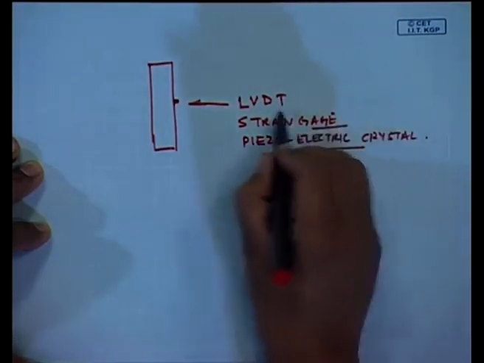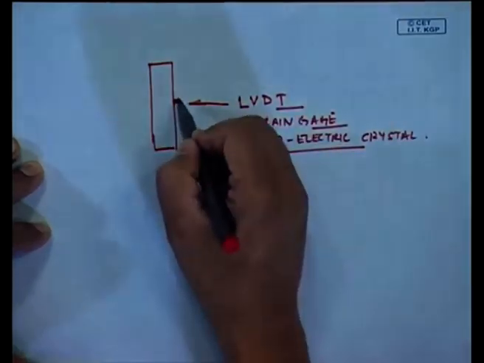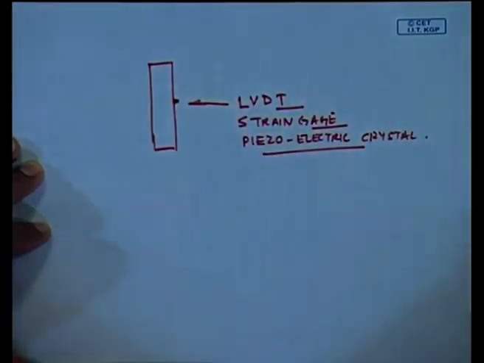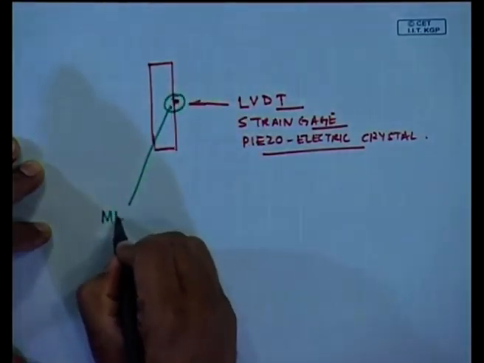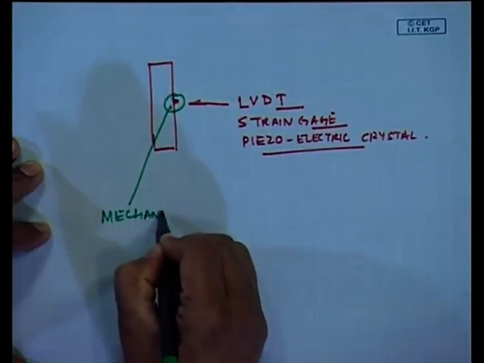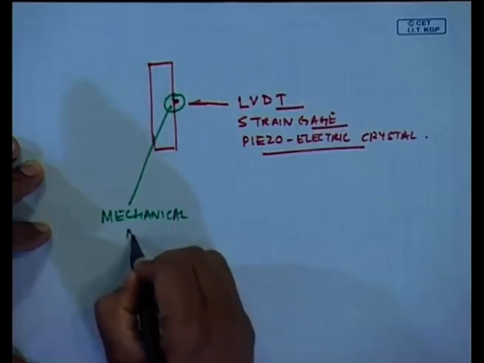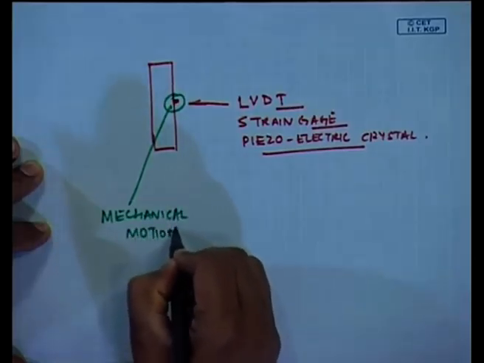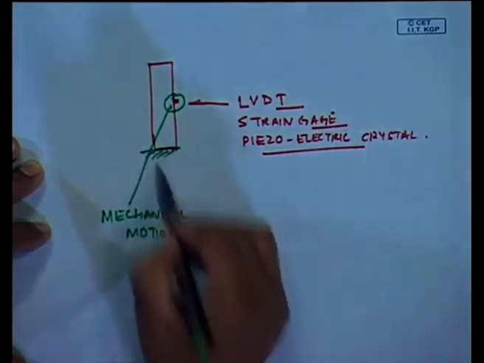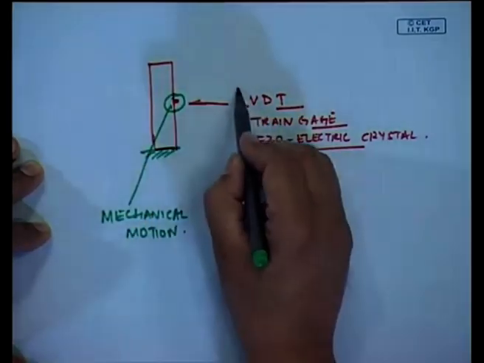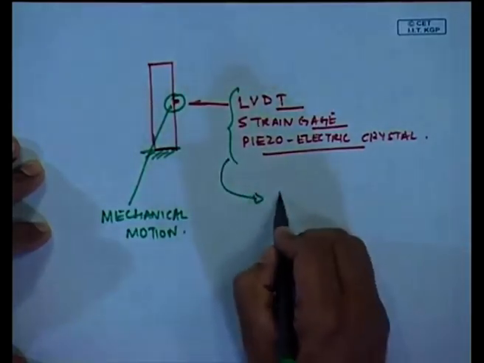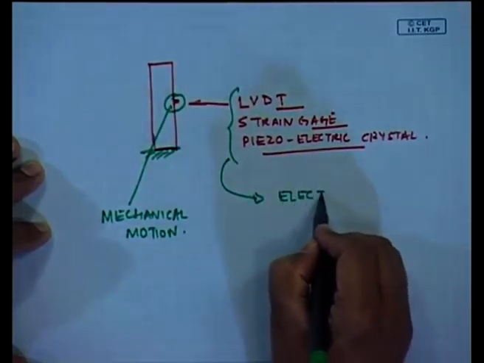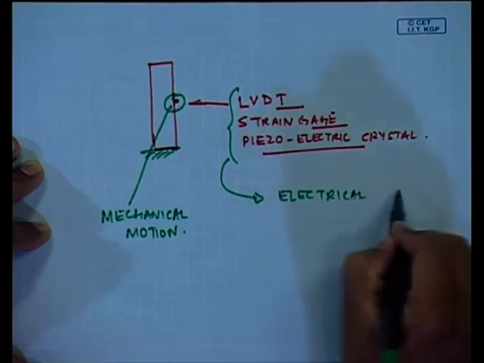So these are the different sensing elements which are used to measure the mechanical parameter, could be mechanical motion. This is just to give you an example of the body. Now, from these sensors I will get an electrical output.